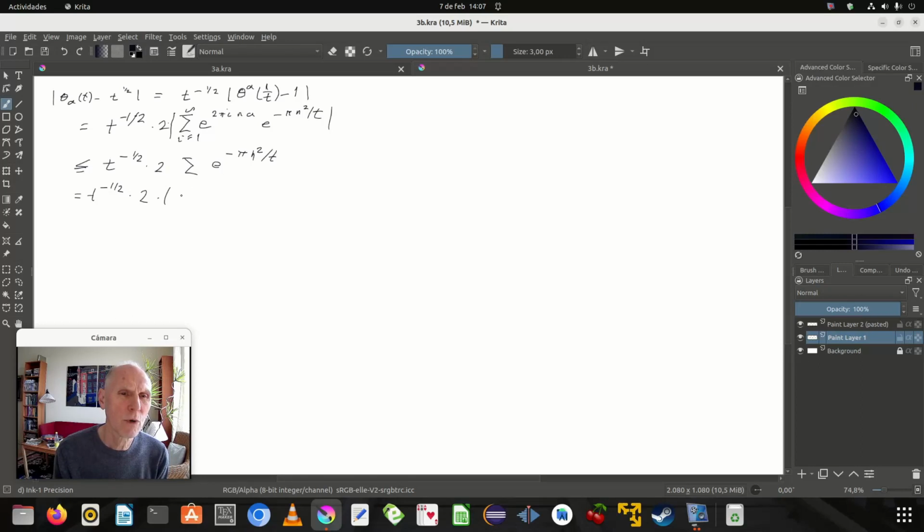When n is 1, it's 1 minus pi divided by t, 1 minus 4 pi divided by t, plus there we go. And then we set this outside parenthesis.